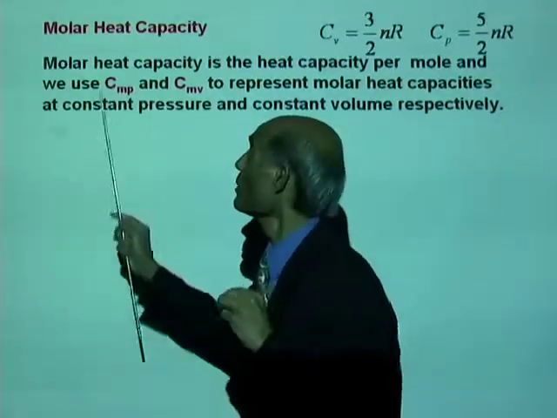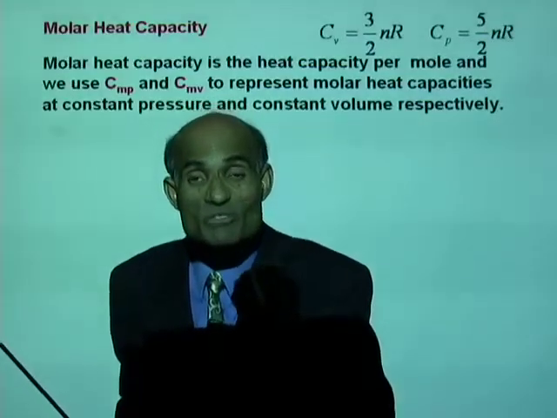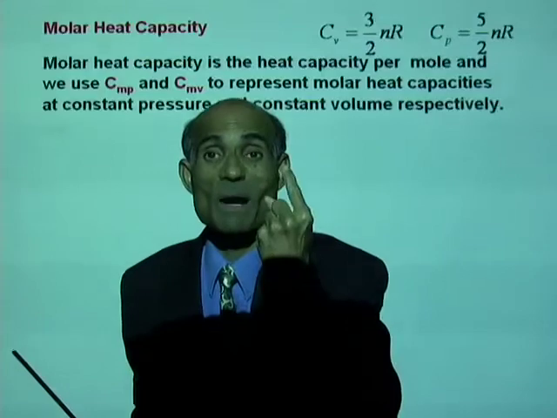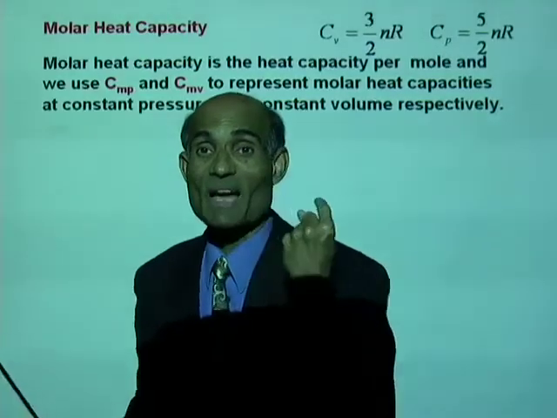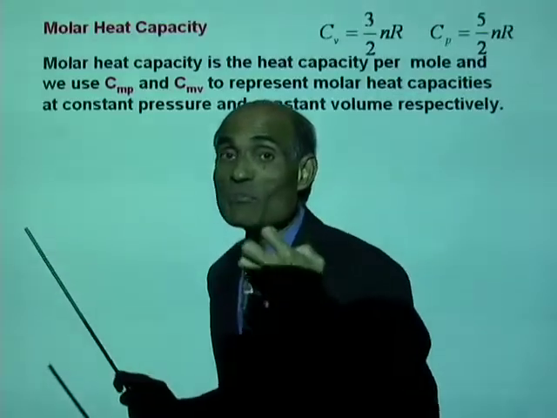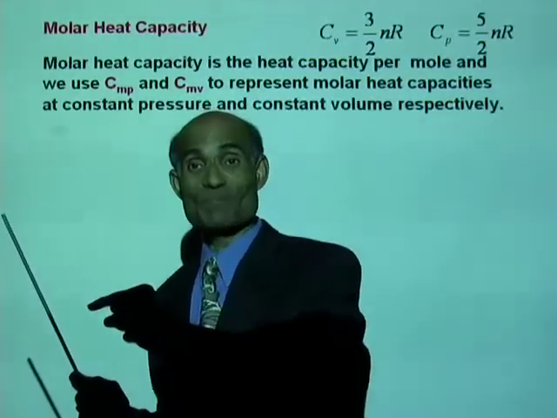So once again, molar heat capacity is the amount of heat needed to raise the temperature of 1 mole of a gas by 1 Kelvin. And if the gas is kept at constant volume, it will then be the molar heat capacity at constant volume.